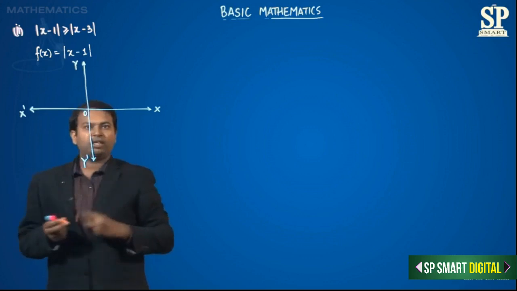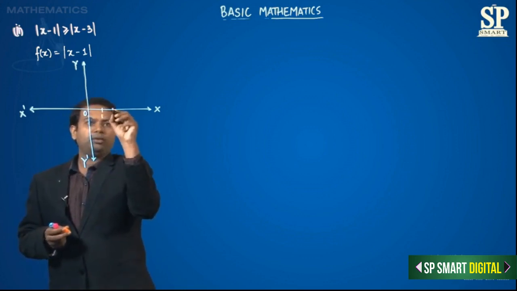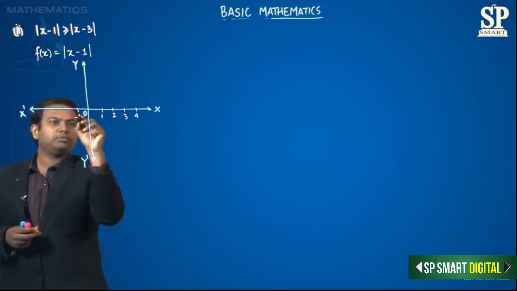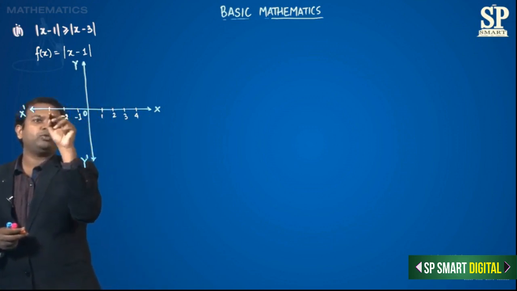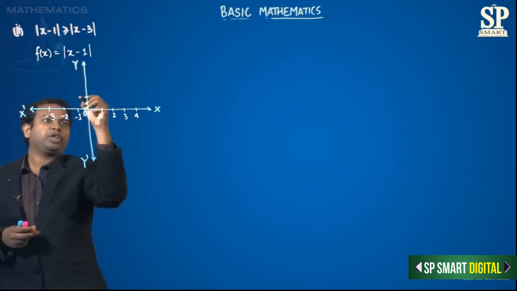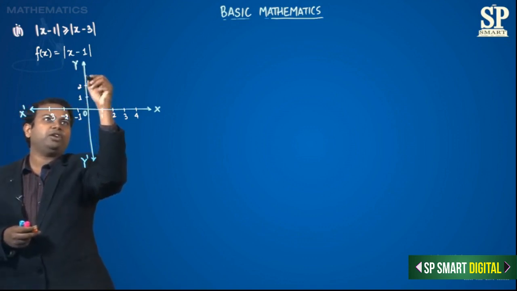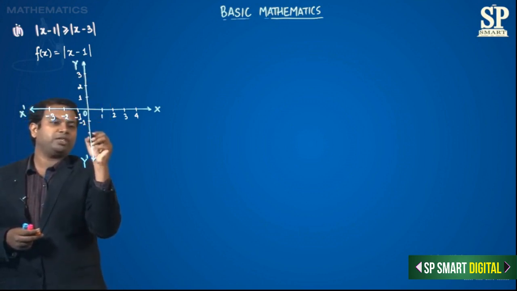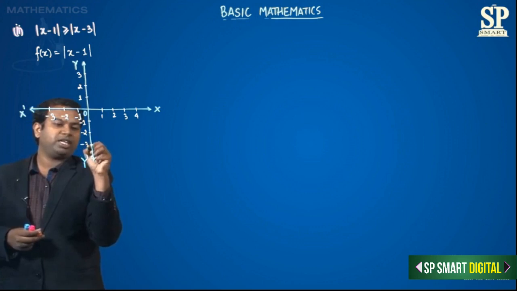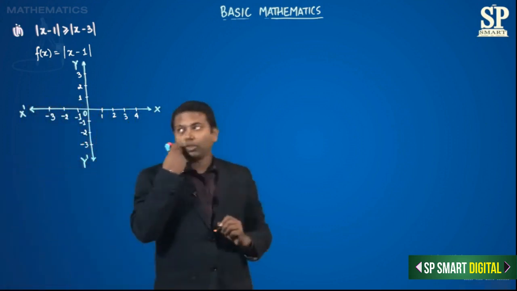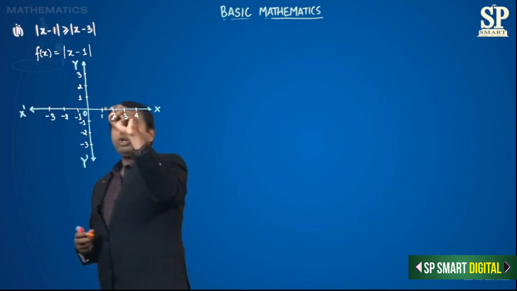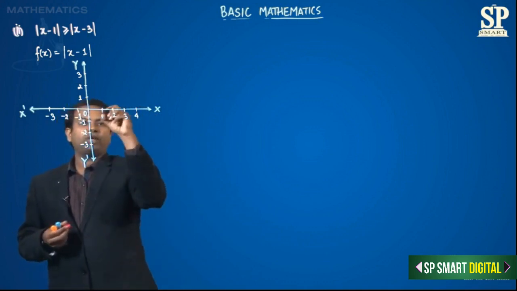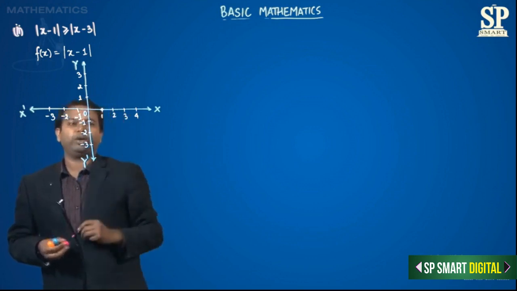So let me mark the points 1, 2, 3, 4 and so on, minus 1, minus 2, minus 3 and so on. On the y-axis, we have 1, 2, 3 and so on on the positive side. On the negative side, we have minus 1, minus 2, minus 3 and so on. So at x equal to 1, it is going to give us an output equal to 0. So here is the first point that we have.